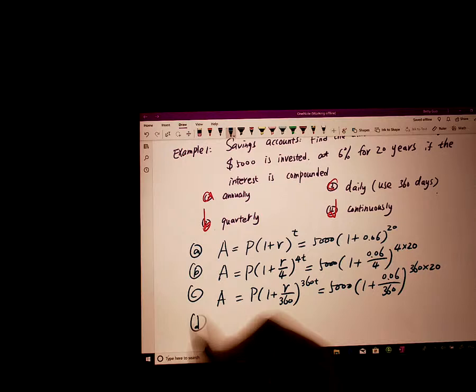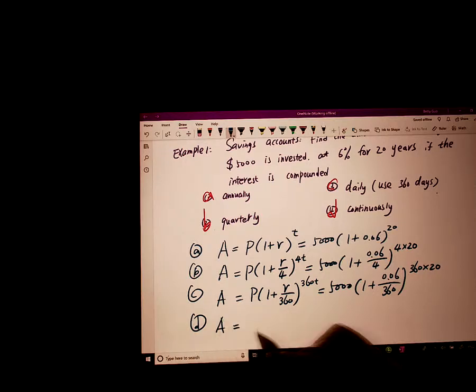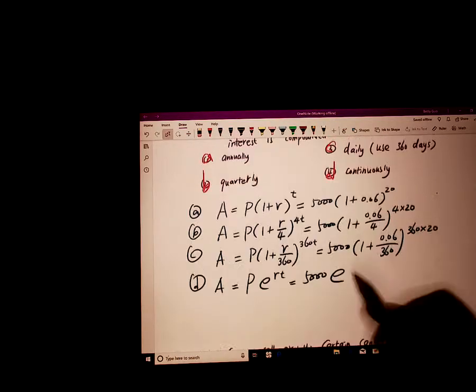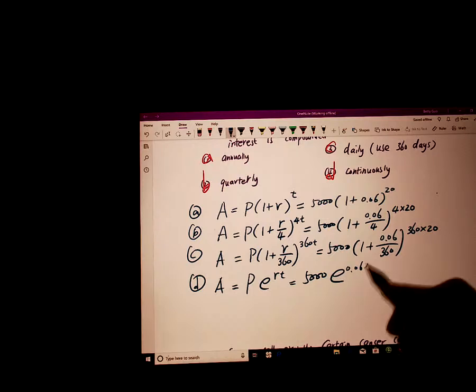D. Interest is compounded continuously, a different formula: P times e to the power of r times t. The original principal is 5,000. r is 0.06, t is 20.